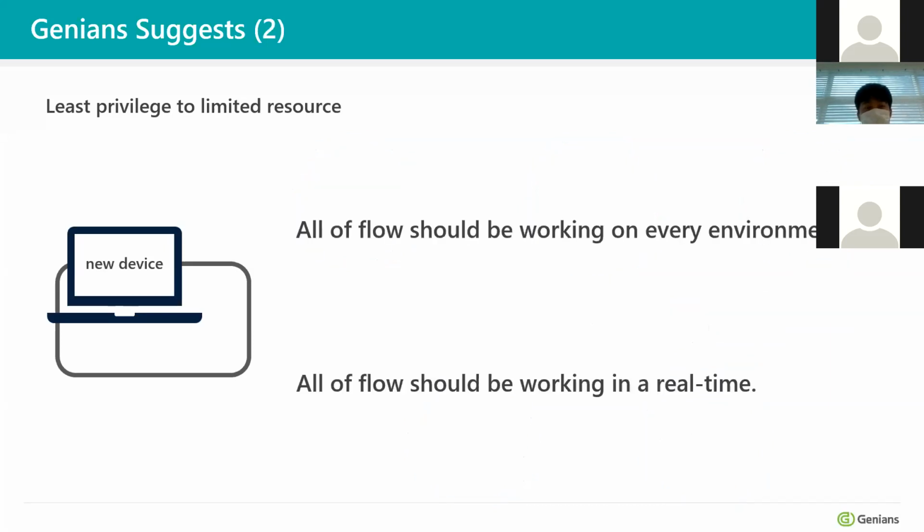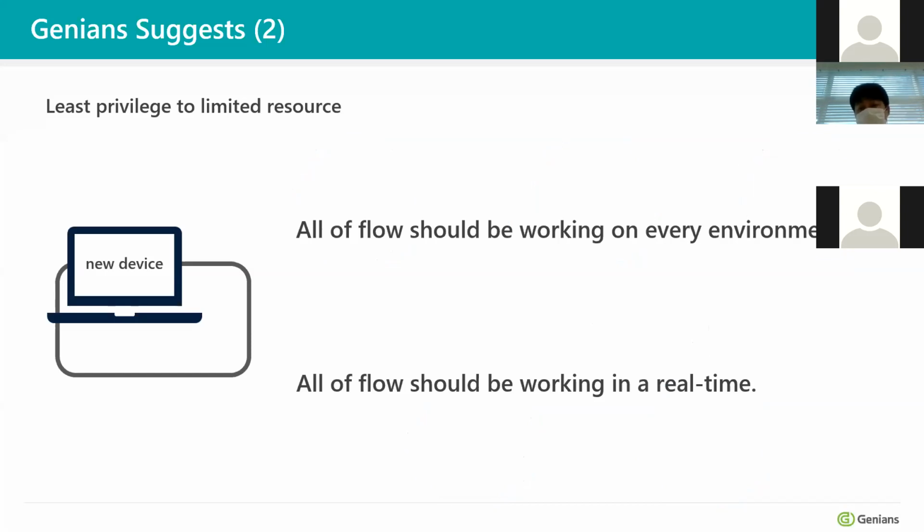What you need to do is check that all of the flow works in every environment, not just a particular one. That was the major problem of NAC. Even if it was a good product, not all customers really welcomed it, because there are so many issues when bringing NAC into their environment.